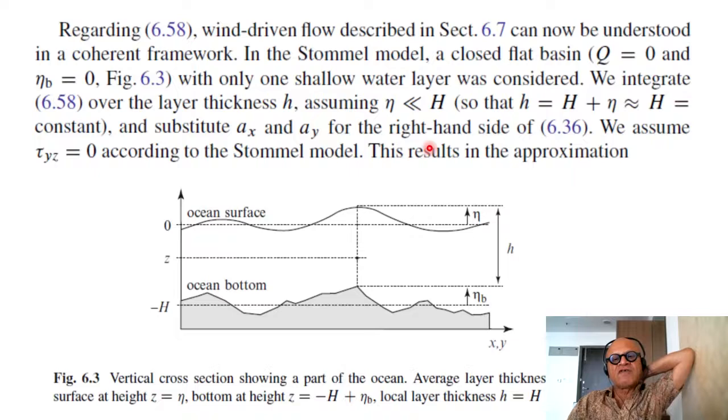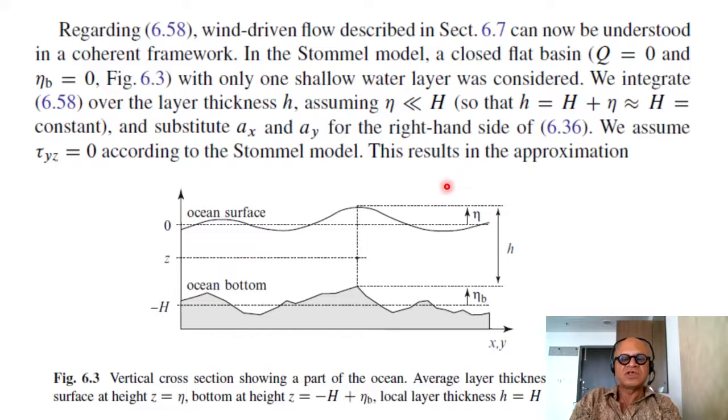Substituting ax and ay for the right hand side of equation 636, which we just looked at, we assume that tau y equal to 0 according to the Stommel model. So meridional winds were set to 0 and the zonal winds had the simple form T times the cosine distribution. So trade winds in the lower latitudes, easterlies, and westerlies in the northern domain.